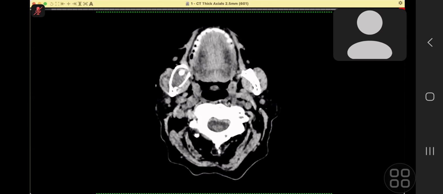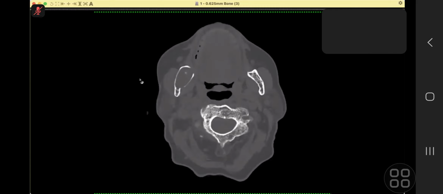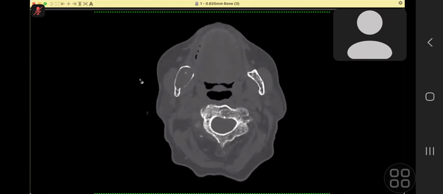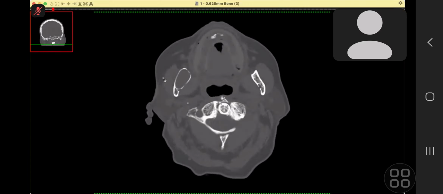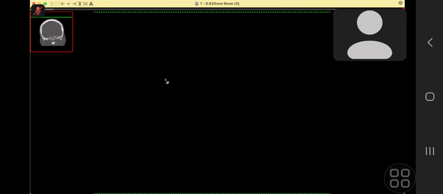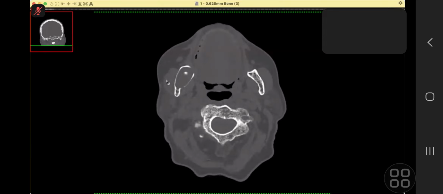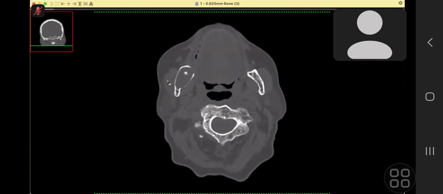I'd like to see the bone window also. So this is the bone window. Let me show it for you. I'm not able to scroll. There's a lot of lag. But this is it. We don't have more than that.